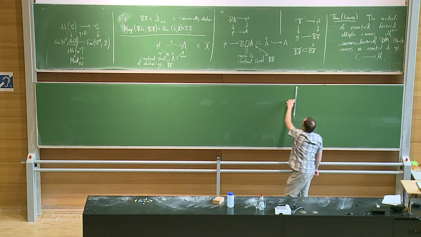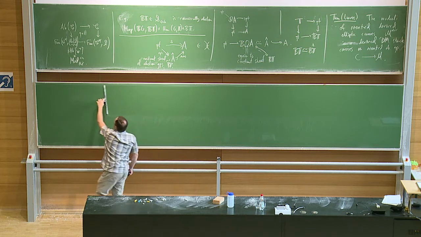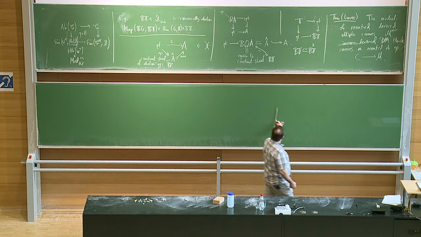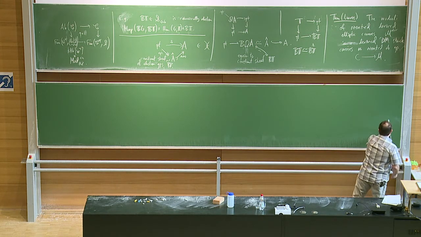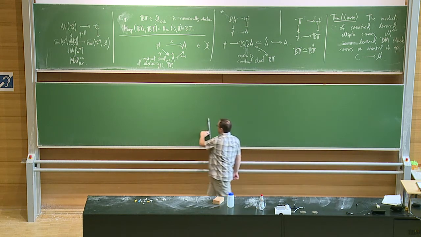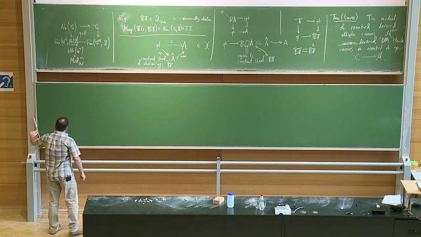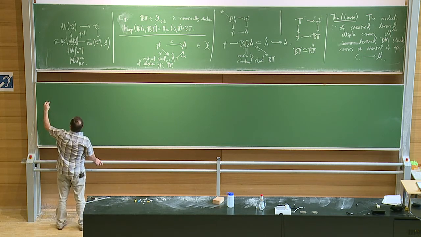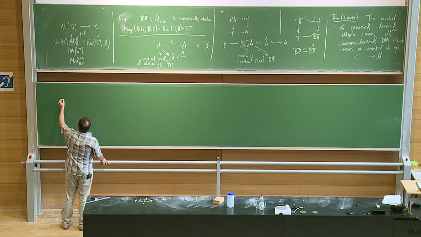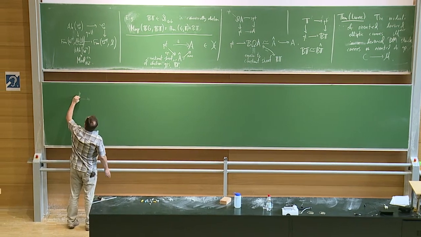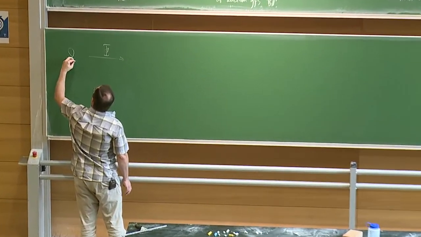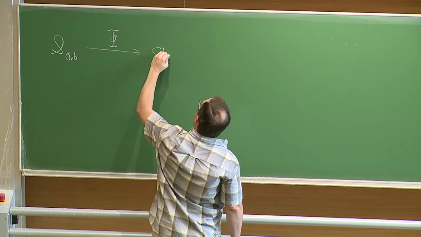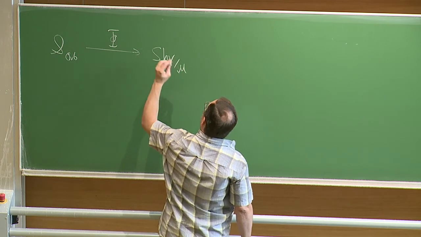So first and foremost, we might consider what happens now. So I'm going to use this functor, which goes from the unstable global homotopy category to sheaves over the moduli stack.